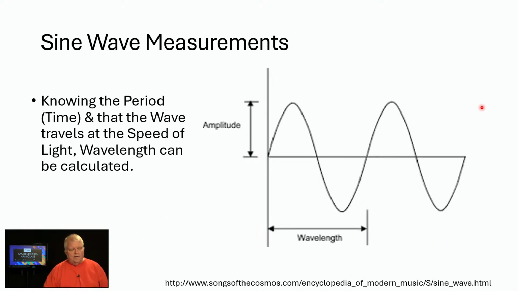And by knowing the period and that a radio wave travels at the speed of light, we can calculate a radio wave's wavelength by using that timing, and knowing that the speed of light is 300 million meters per second, we can give you the wavelength in meters, for example.